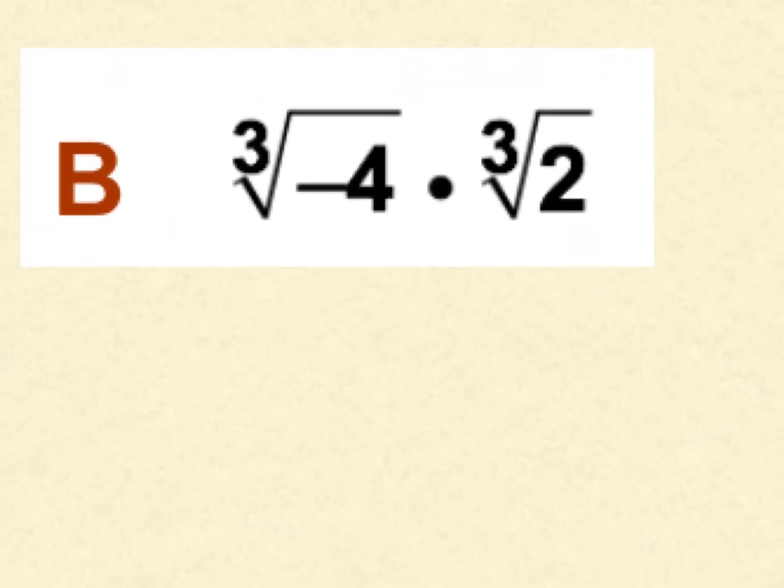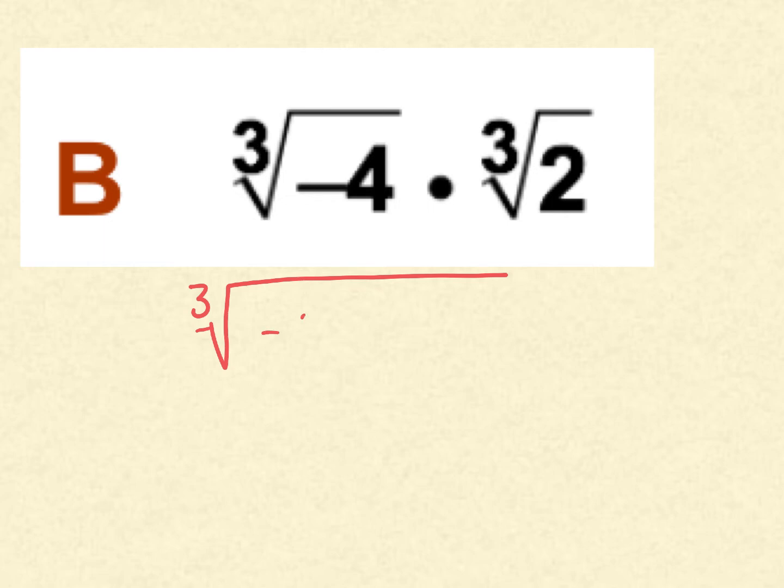All right, for B, can I multiply these together? Yes. So my index stays the same. So it stays a 3 out front. And then inside, I would have negative 4 times 2. Now I can multiply these together, but eventually I'm just going to have to break them apart anyways. So what are 2 factors of 4? 2 and 2.